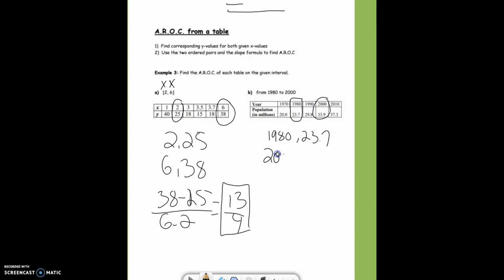All right. May want to get your calculator out for this one. Okay. So again, we're going to put in 33.9 minus 23.7 and the year 2000 minus 1980.